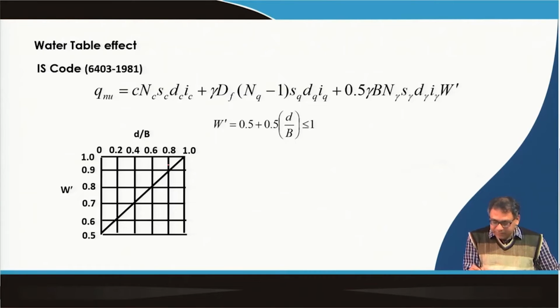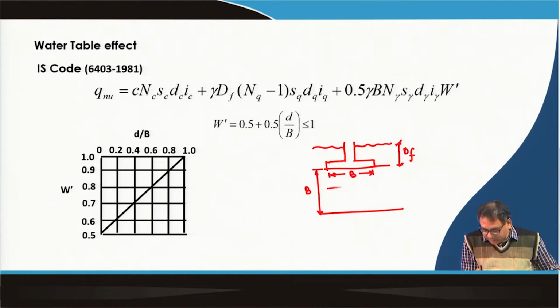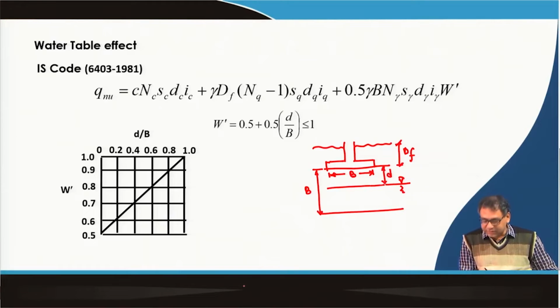So, suppose this is your foundation, this is the base, this is the depth of foundation, and say suppose this is the distance B, the width of the foundation is B, and the water table position is here, say. That depth is a small d from the base of the foundation.